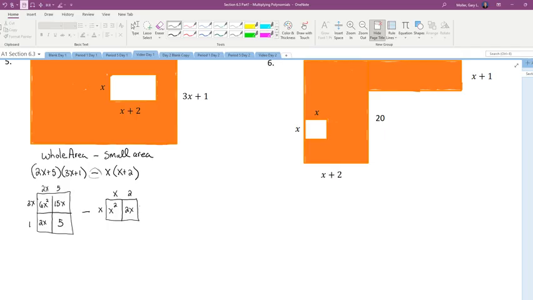All right, so let's find the area of each one. So this is going to be 6x squared plus 17x plus 5. And here's where you're going to make your most critical error if you otherwise have done everything correct. We're subtracting, but we're not just subtracting x squared and adding 2x, right?